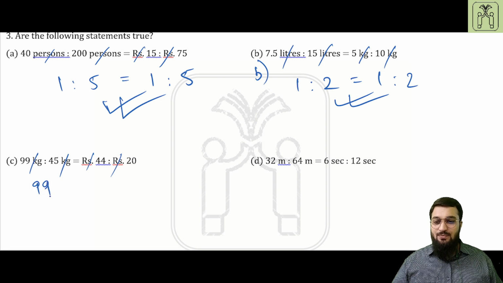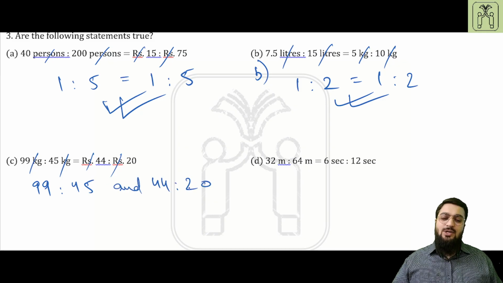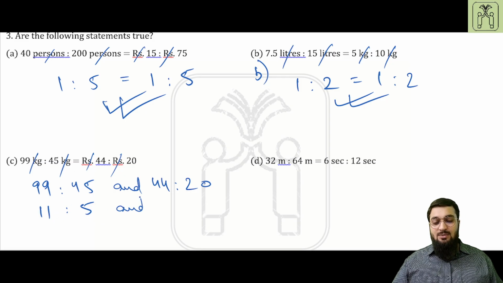So this will be 99 is to 45 and 44 is to 20. So if we try to simplify that, we will see that 9 fives are 45, so this will be 5, and this will be 9 elevens are 99, and this will be 4 elevens are 44, and this will be 4 fives are 20. So yes, they are also in proportion.